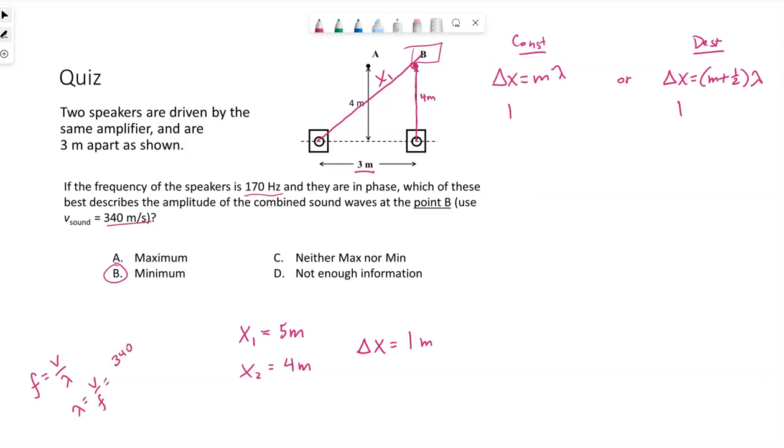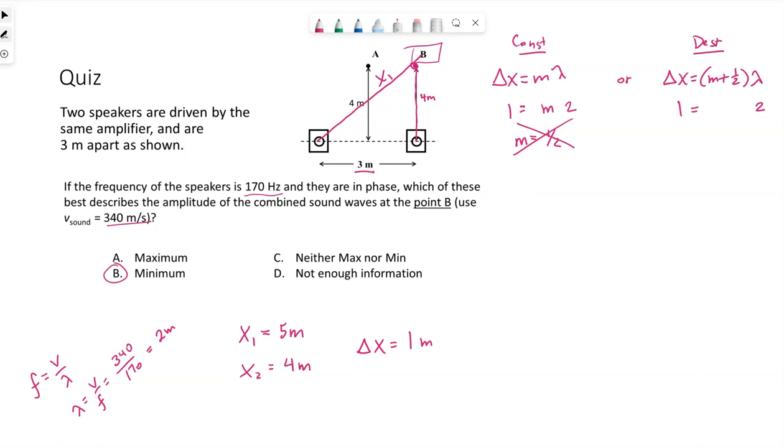So 340 over 170 is going to give us a wavelength of 2 meters. So that's what we're putting in for lambda. So in the case of constructive, if I solve for m, I get 1/2. And that is not an allowed value of m. m can only be 0 or a whole number.